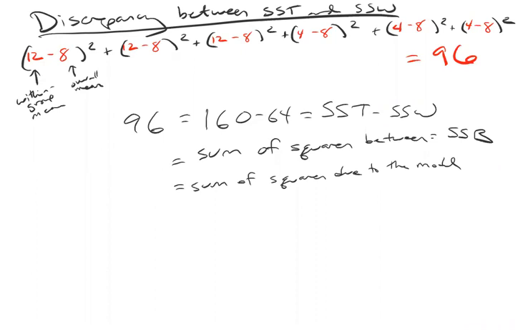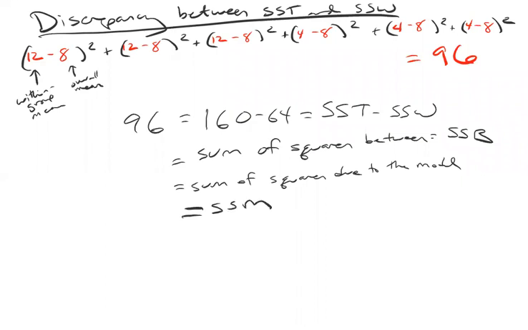This quantity can also be called sum of squares due to the model because it reflects variability in the data that is not due to noise, but actually due to the systematic pattern, due to the fact that the mean in one group might actually be different than the mean in another group. So you could call it SSM.